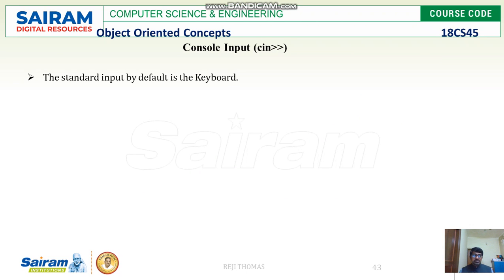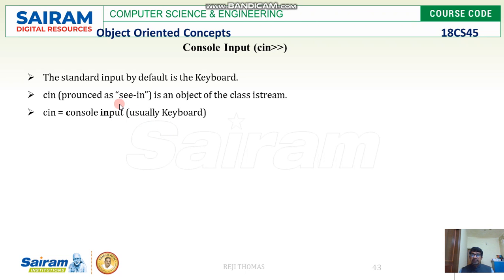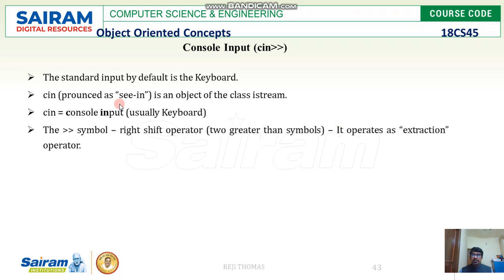Next is cin. cin is a keyword. We pronounce it as cin. cin is the console input. Usually when I say input, it is the keyboard. And we use the operator called the extraction operator, or the two greater than symbol, for this.